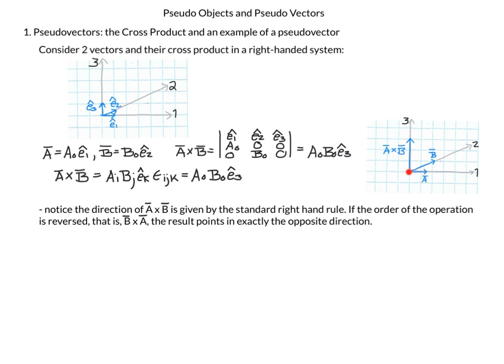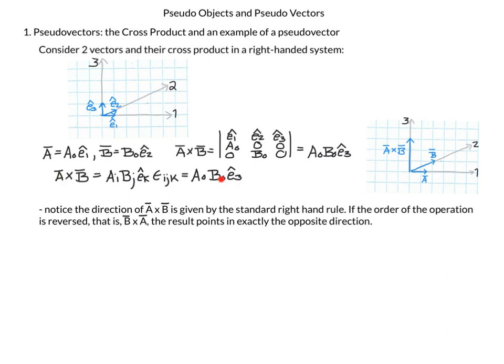Vector B is solely in the E2 direction, and I have this drawn here. Then we can do A cross B, do the math for it, and you get a vector equal to the magnitude of A, magnitude of B, times E3. So it's solely in the E3 direction.